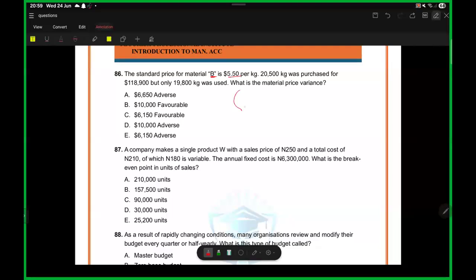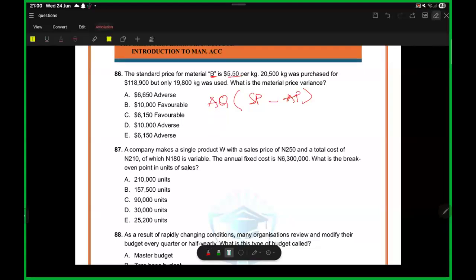So I've already said that for material price variance, the variance is in the price. So it is SP minus actual price AP, times your AQ, the actual quantity. From here, we have to determine all these things. Actual quantity here is very simple.